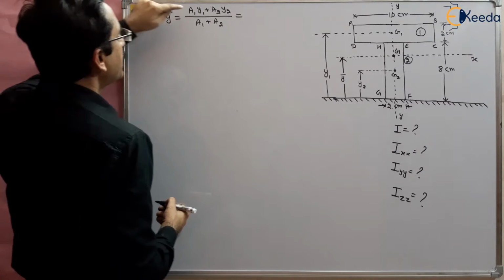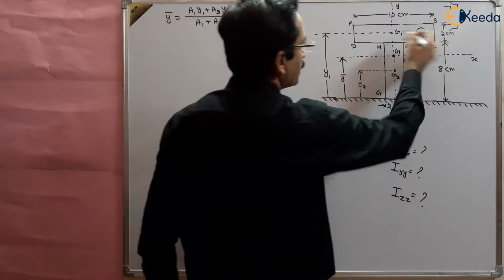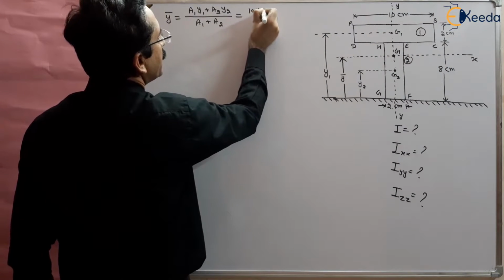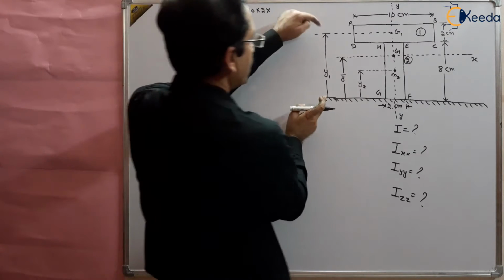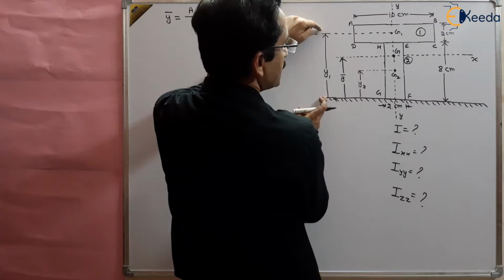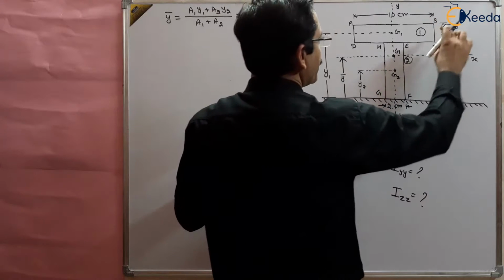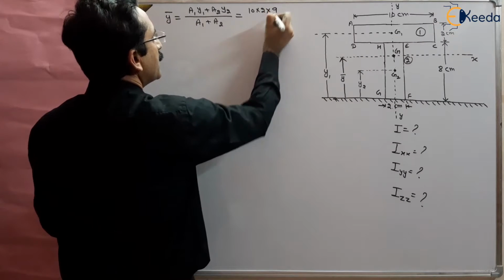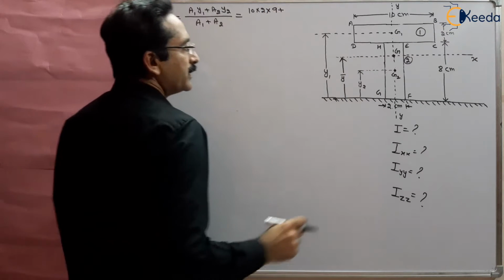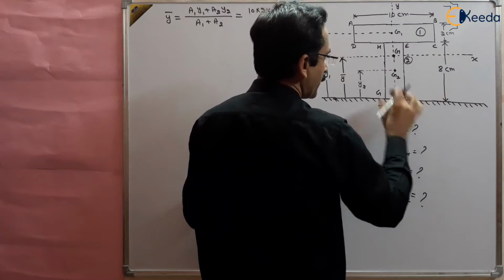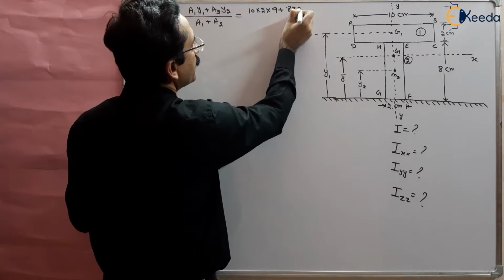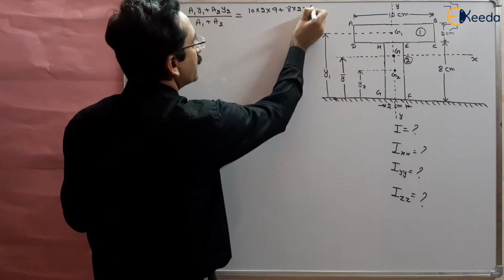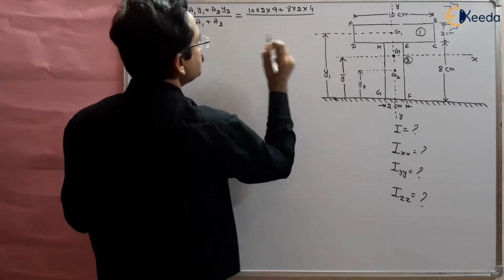So this will be equal to the area of section 1, this section, which is 10 multiplied by 2, multiplied by y1. How much is this? This is 8 plus 1, because it is half of 2 plus 8, so this is 9. Plus a2, the area of section 2, which is 8 multiplied by 2, multiplied by half of 8, that is 4 centimeters, divided by the total area.